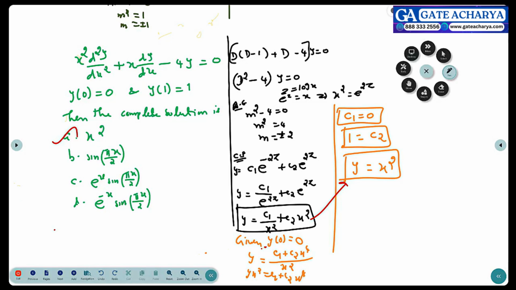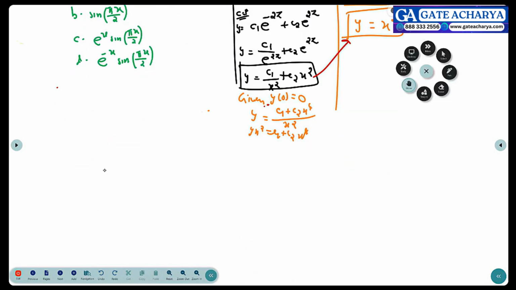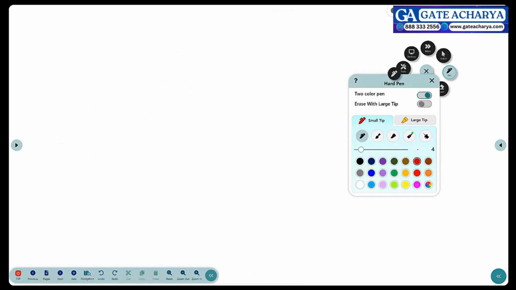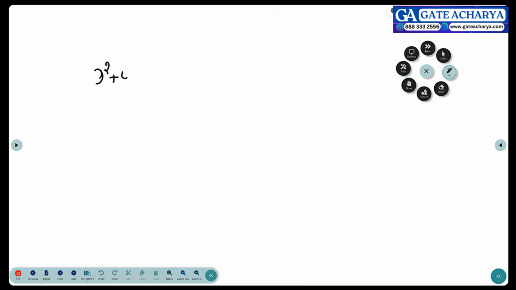Okay, some special cases of problem. That's all this. Now we discuss all the content from different types of problems. Find the particular integral of d power 4 plus 4 into y is equal to sine 2x.